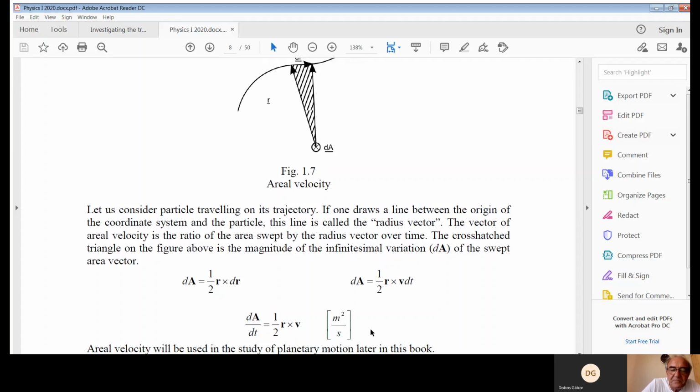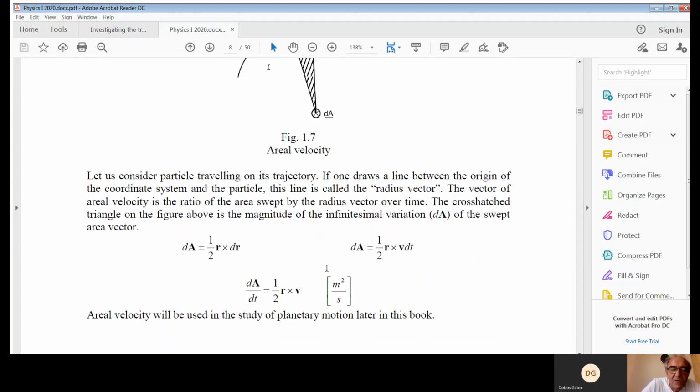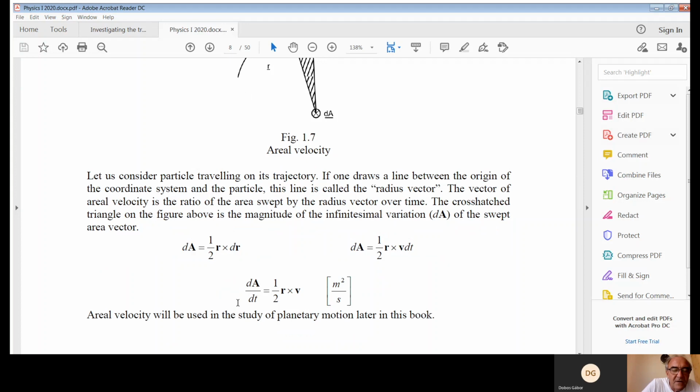On the other hand, the dr is v dt. This one, little dr, is the v times dt. So after this, we can reformulate this, that dt comes over to this side, and that will be dA over dt. That will be the areal velocity, because this was just the cross product, which is an area, but areal velocity is divided by time.